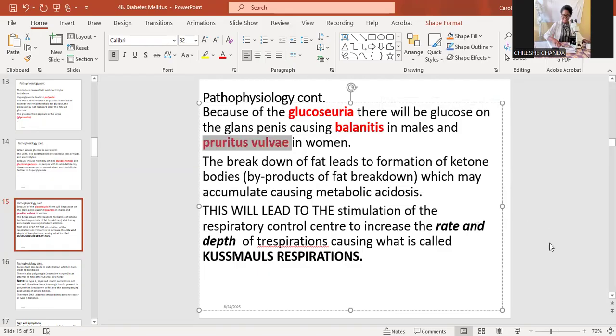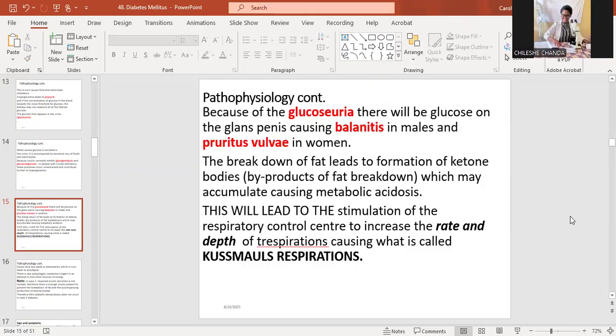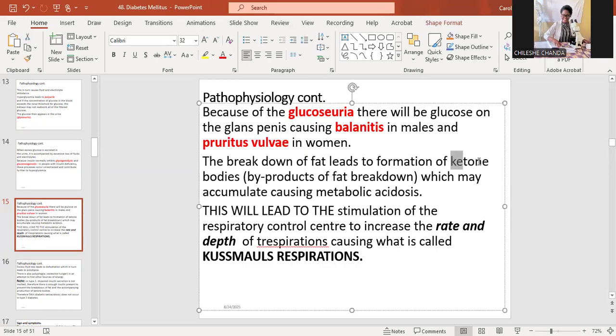The breakdown of fat, okay? Now remember there is gluconeogenesis, which is the breakdown of fat and protein molecules in order to form new sugars. So now that breakdown of fat will lead to formation of what are known as ketone bodies, which are a product of fat breakdown.